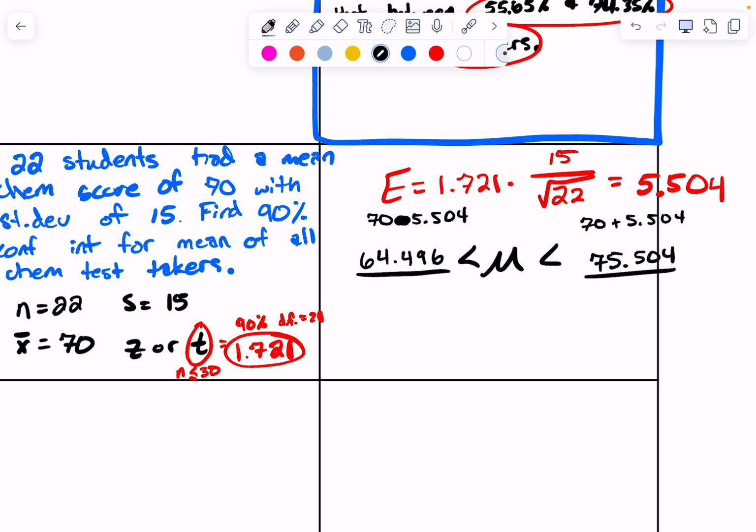You rounded up to 64.5. Yes, 64.5 if you want one decimal place. I think the rule is you always do one more decimal place than what they give you originally. They gave me no decimal places to begin with, so we just do one more. So 64.5, 75.5.